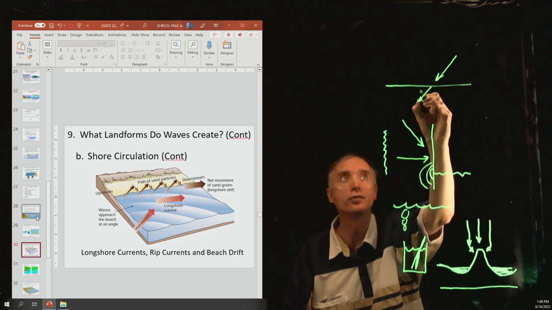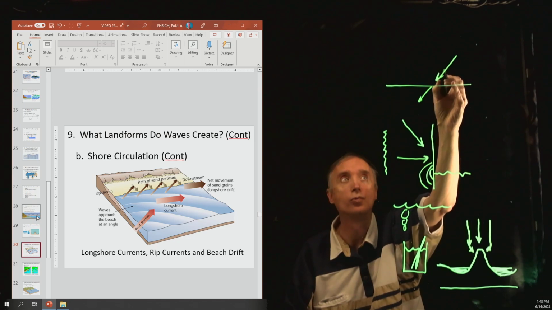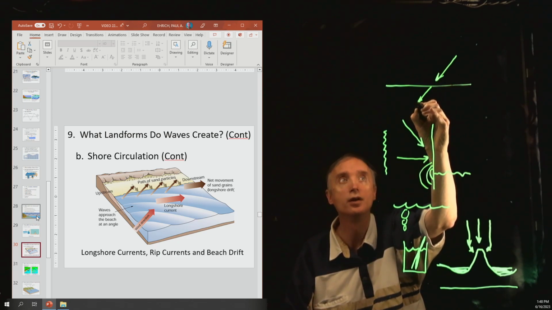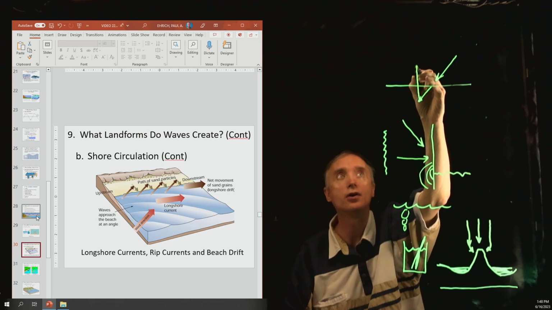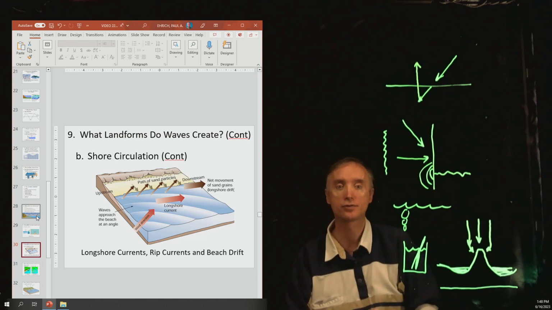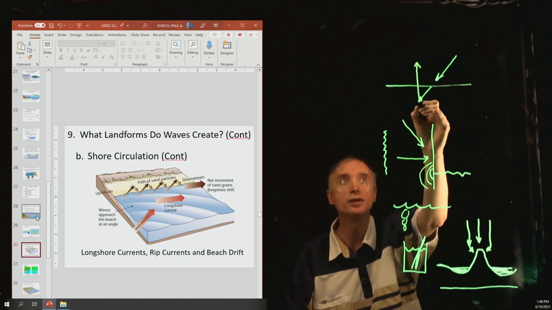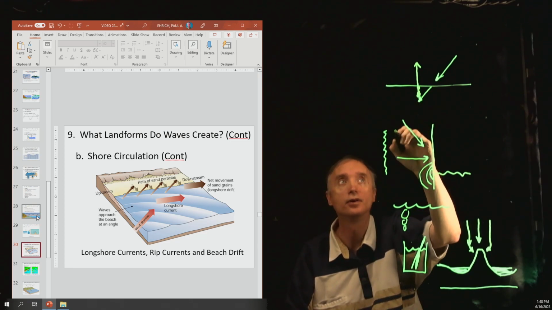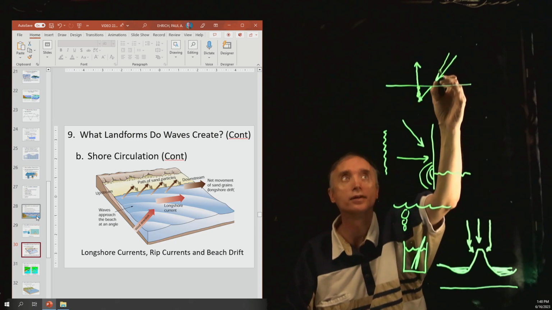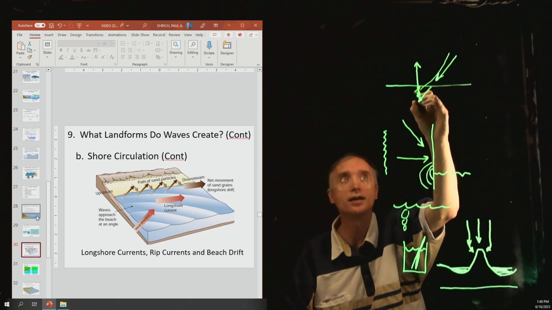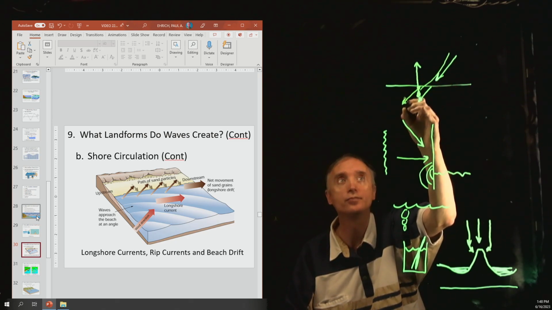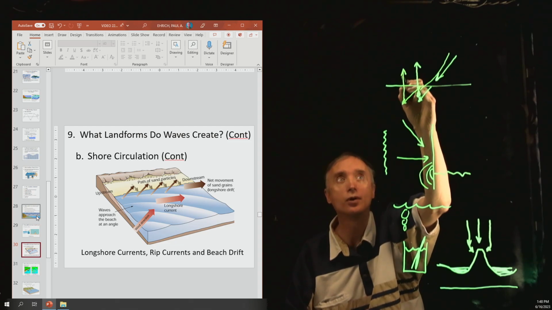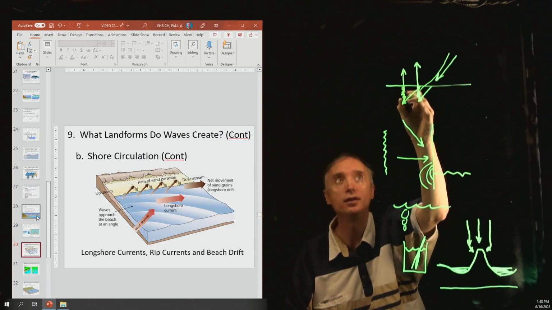But once the water has pushed the sand this way, the water goes back into the ocean in this direction. And so that means that the sand is going to be stuck right here. Okay, then the next wave comes in and it can push the sand in this direction, and then when the water goes back out this way, it's going to leave the sand here.